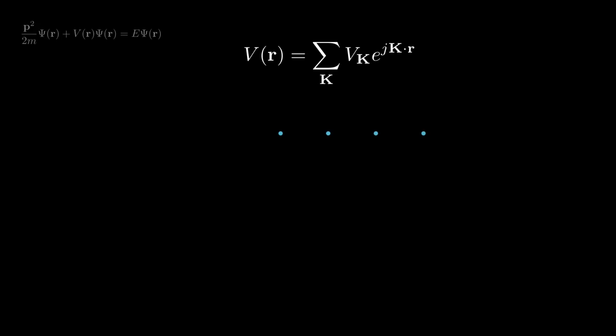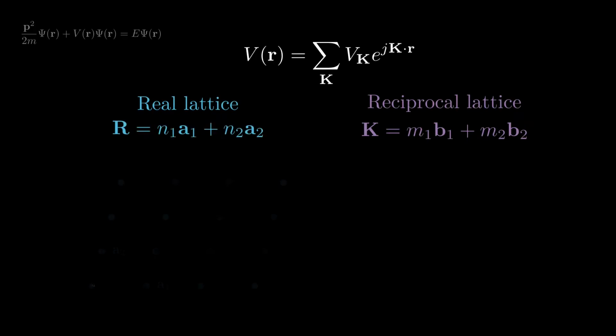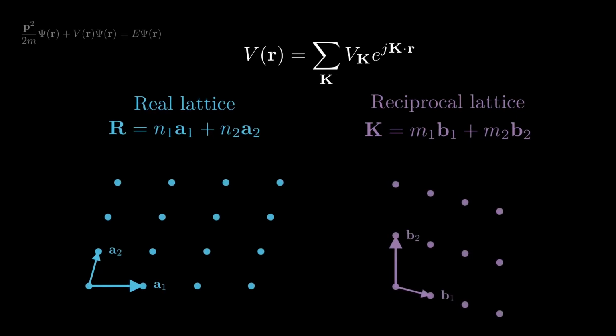For a 1D potential with period A, the lattice vectors would be R equals n times A, and the wave vectors k would simply be k equals m times 2 pi over A. For a 2D potential, the wave vectors k form a lattice known as the reciprocal lattice, which, just like the real lattice, has primitive vectors b1 and b2.